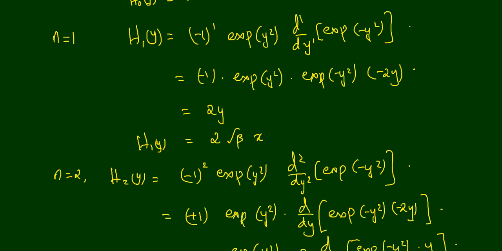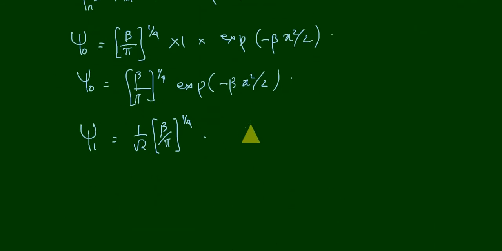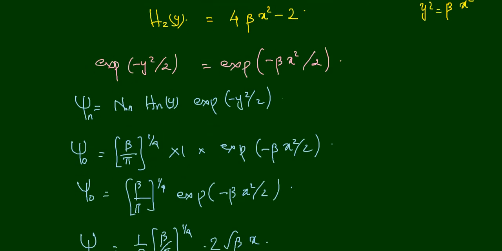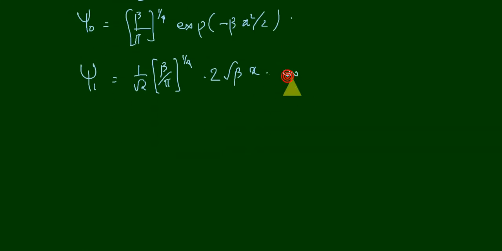So let us write 2 root beta into x into exponential minus y square by 2, and instead of that we can write exponential minus beta x square divided by 2. So we can simplify this: 2 is root 2 into root 2, so we can write it like root 2.